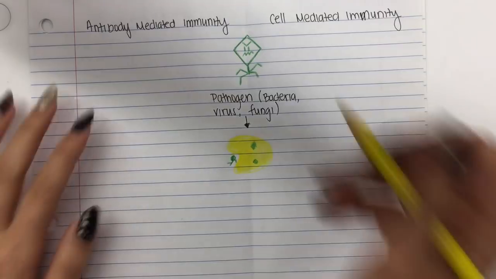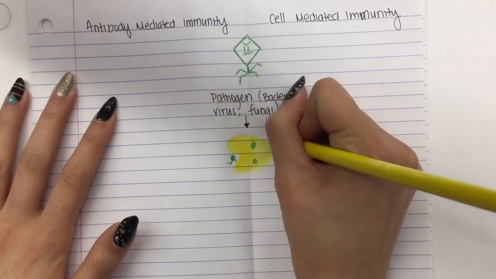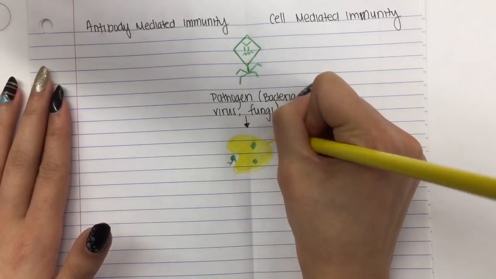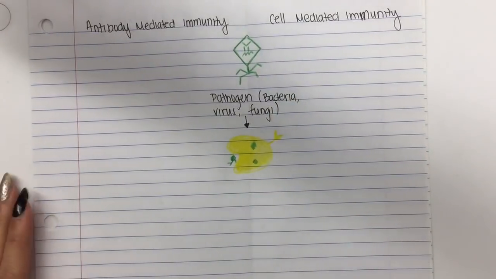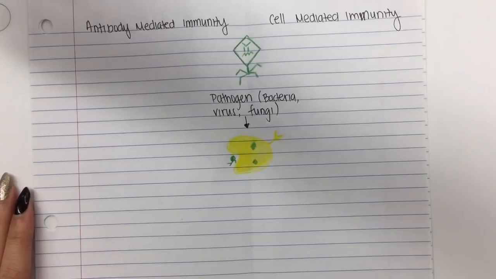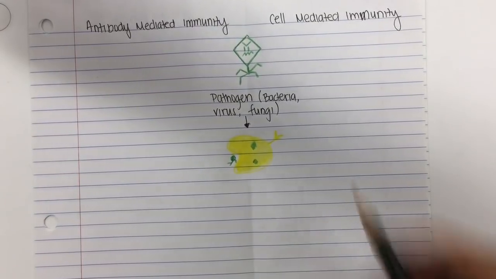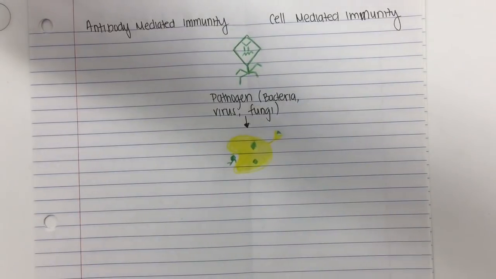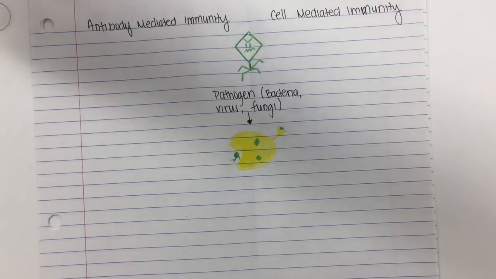So I'm going to draw a little Y-shaped protein on the outside of the macrophage, and so the little bit of green right here is a piece of the pathogen that was broken down inside of the macrophage.